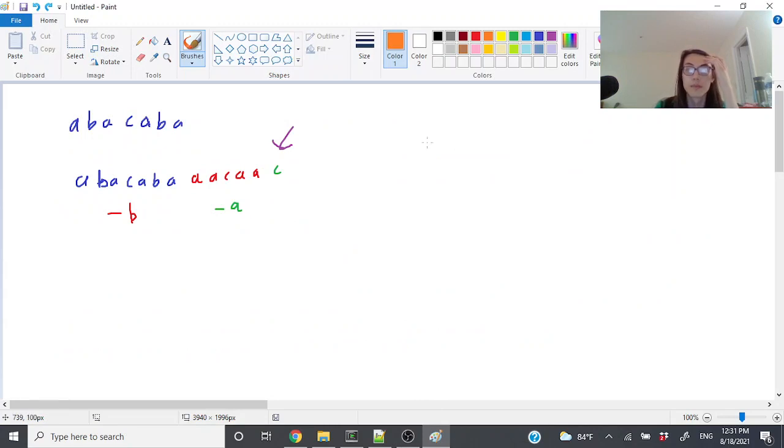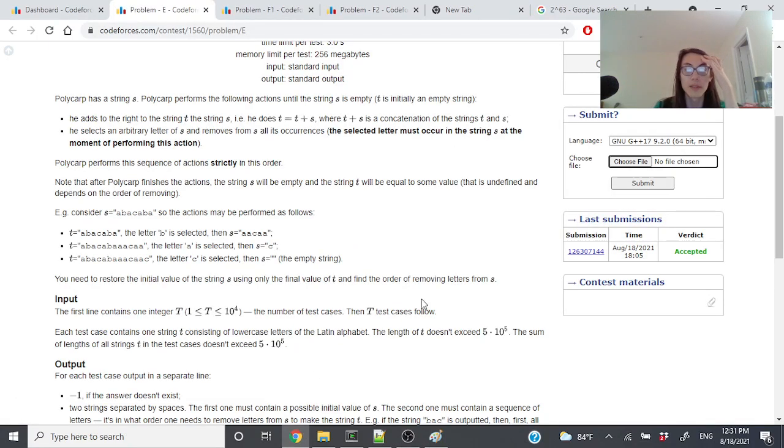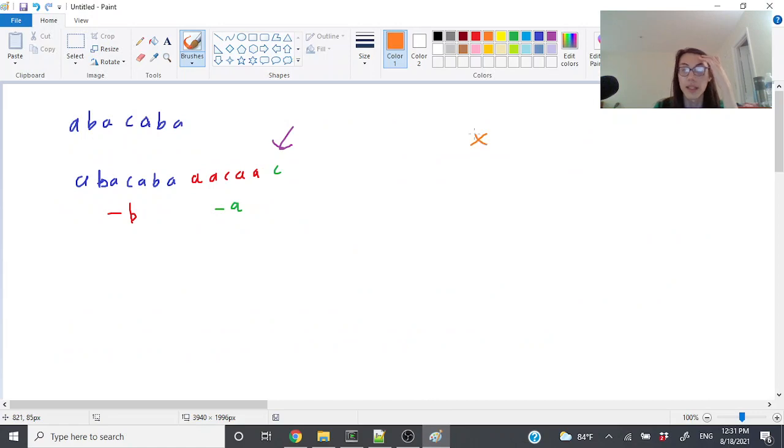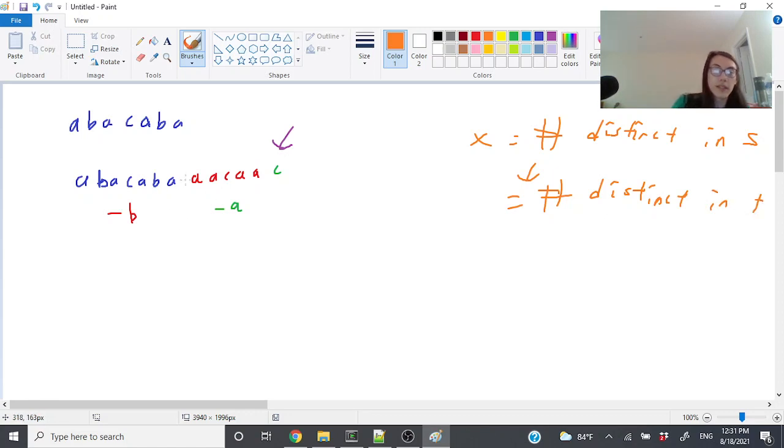So initially, we can automatically find the number of distinct characters in S. Call this X, which is equal to the number of distinct characters in T. Again, every character in S will show up in T, and there can't be any more, because otherwise it would be in T. So now we know X.